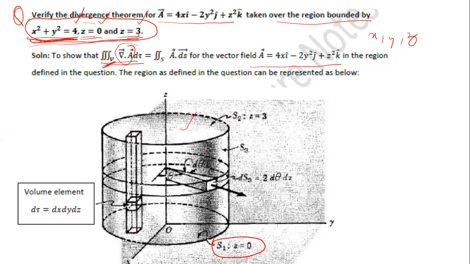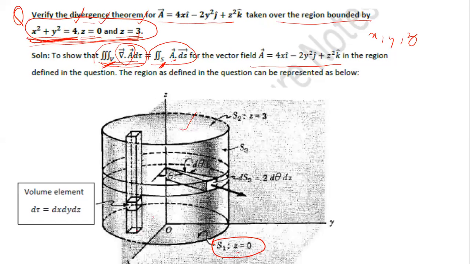And here, in order to verify the divergence theorem, which states that the volume integration of the divergence of the vector field, which measures either the net outflow or the net inflow of the vector field over the whole volume, equals the total flux, or a measure of the total amount of vector field A passing through the whole enclosed surface S, right?